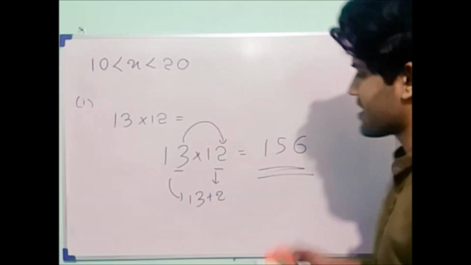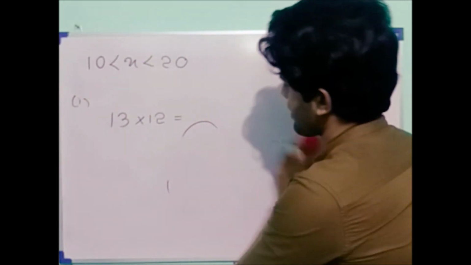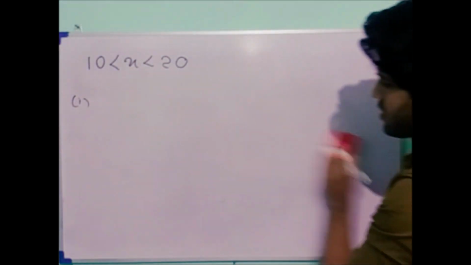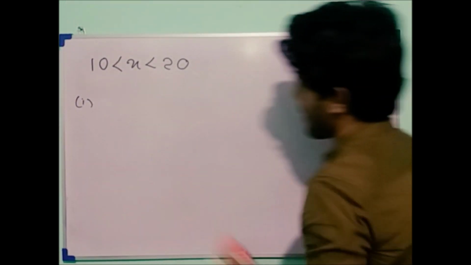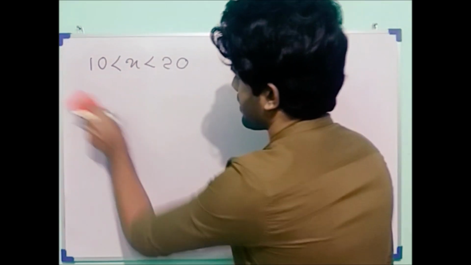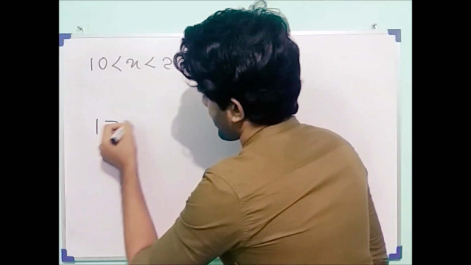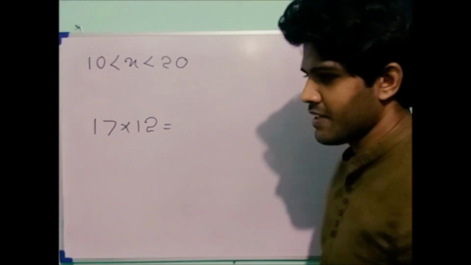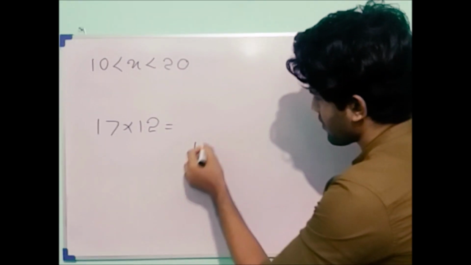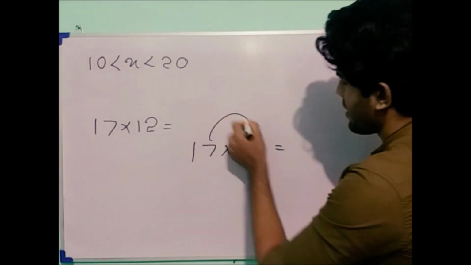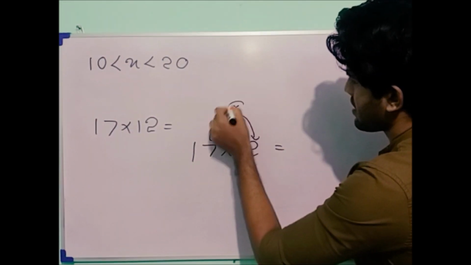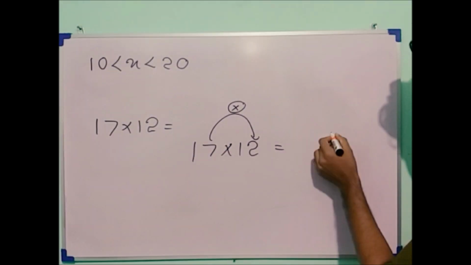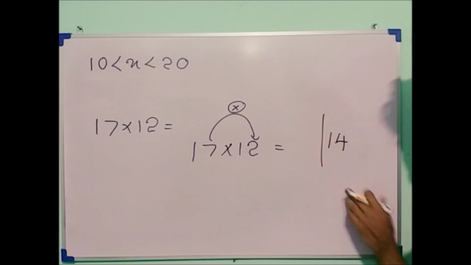Okay, let's consider another example. We have to multiply 17 by 12. Same procedure, we can write it like that. The first step, multiply 7 by 2 and the answer is 14.